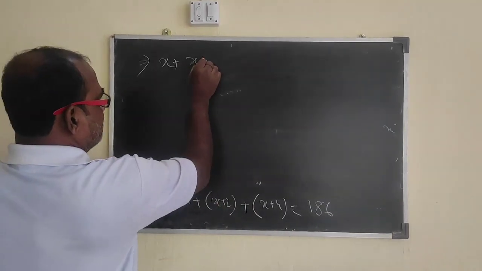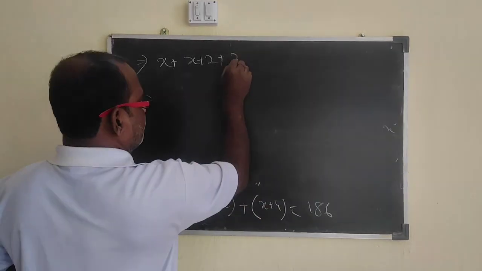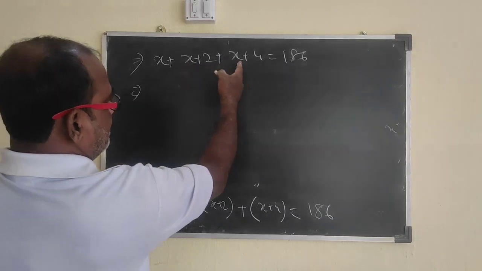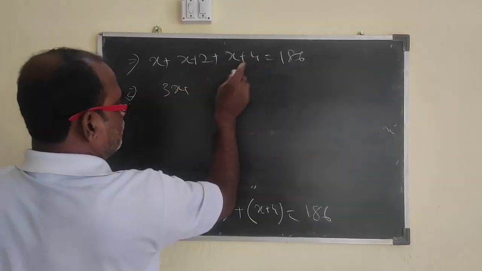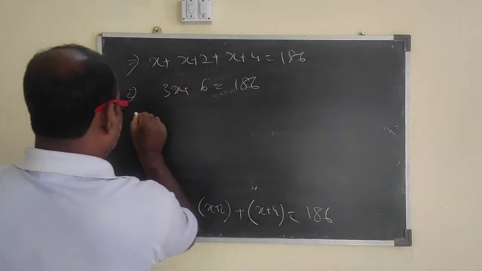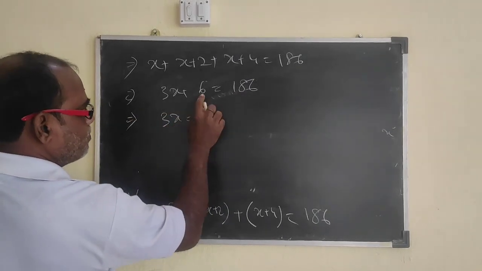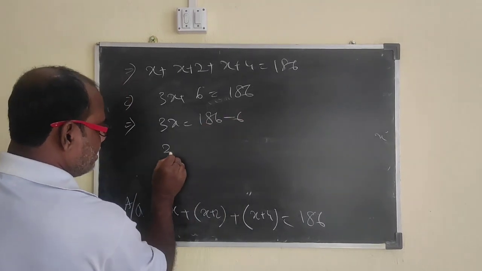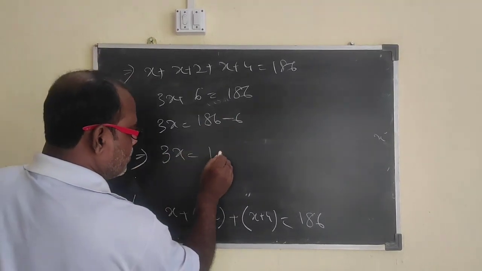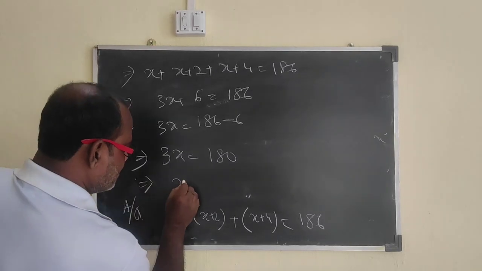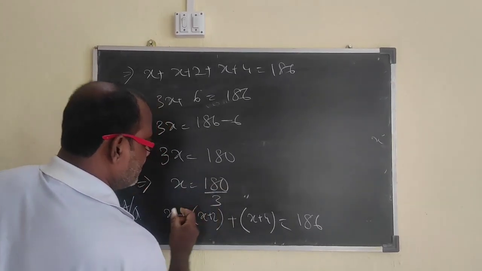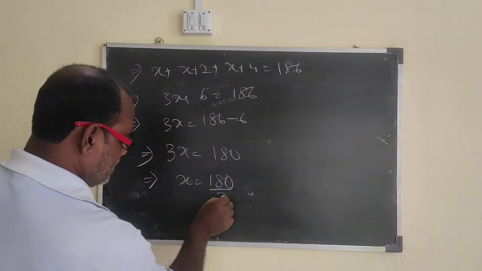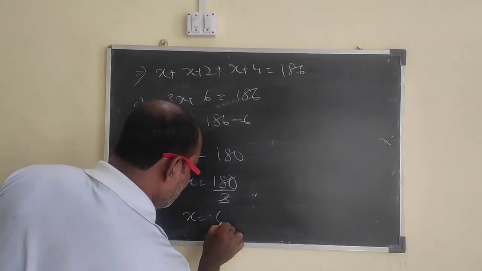So x + x + 2 + x + 4 = 186, which implies x + x + x is 3x, plus 2 plus 4 is 6, equals 186, which implies 3x = 186 - 6, bringing the plus 6 to the other side. 3x = 180. x = 180/3, which is x = 60.